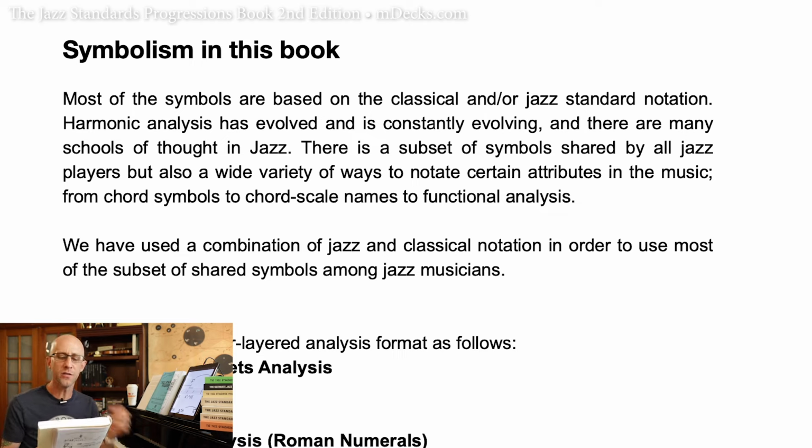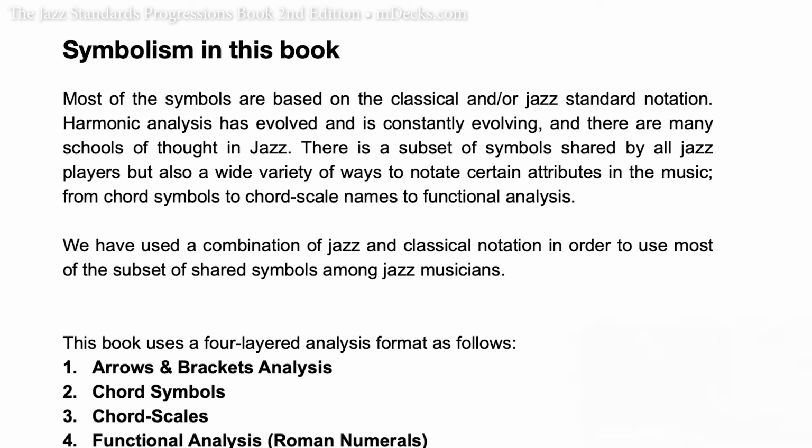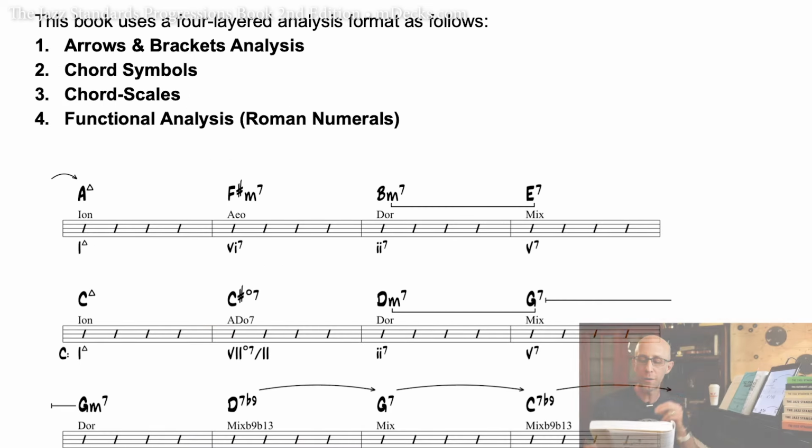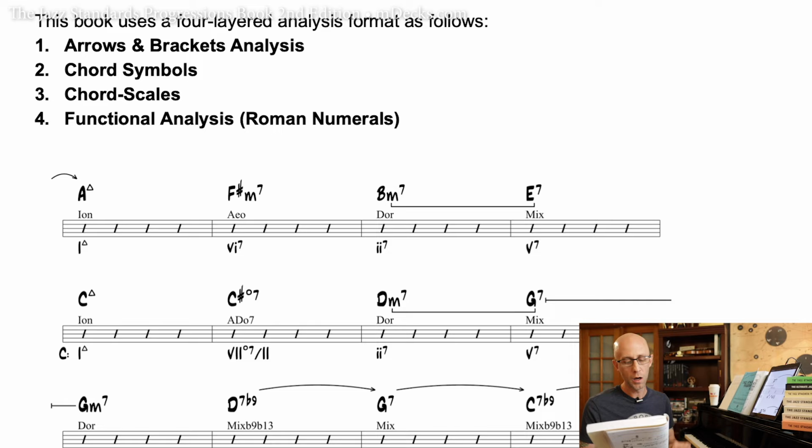There is a subset of symbols shared by all jazz players, but also a wide variety of ways to notate certain attributes in music, from chord symbols to chord scale names to functional analysis. This book uses a 4-layered analysis format: arrows and brackets analysis, chord symbols, chord scales, and functional analysis by way of these Roman numerals that you see throughout the book.